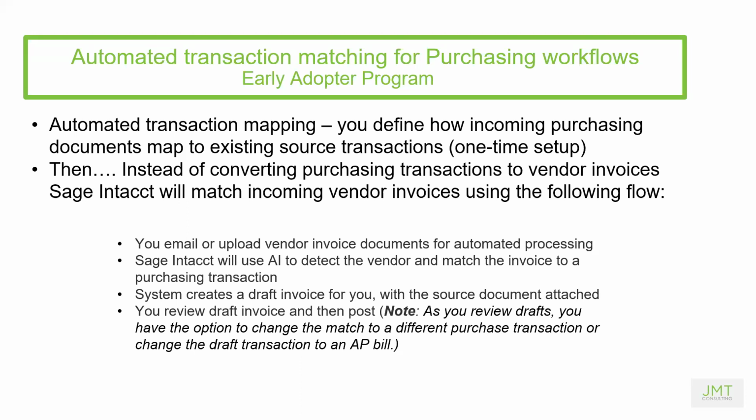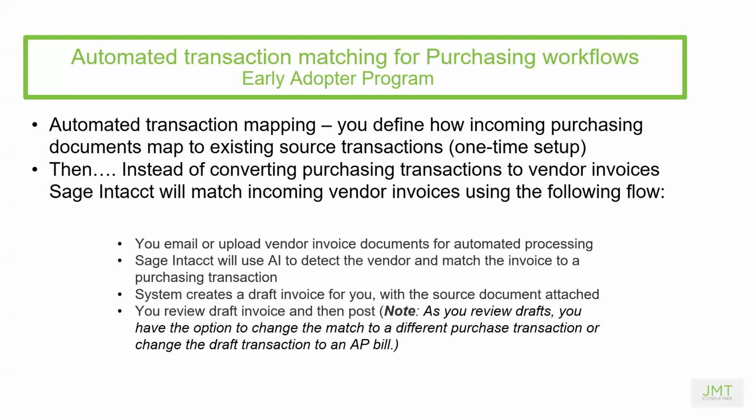I personally cannot see it yet because we don't have a demo environment with AP automation, but I've seen enough of it, and Intacct has provided some really good documentation on how it works. If you're part of this early adopter program, you would set up how incoming purchasing documents map to the existing source transactions, as Intacct calls them.